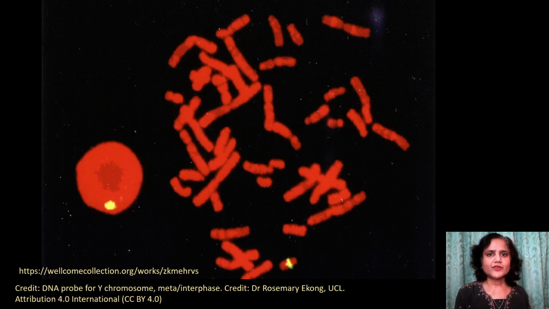Two extremes of chromosome organization in human cells are shown here, that is interphase versus metaphase. The chromosomes or DNA is stained in red. So you can note the thread-like chromosomes which are seen here in this metaphase spread. They can't be seen in interphase. In metaphase, they are folded to form these rod or thread-like structures.